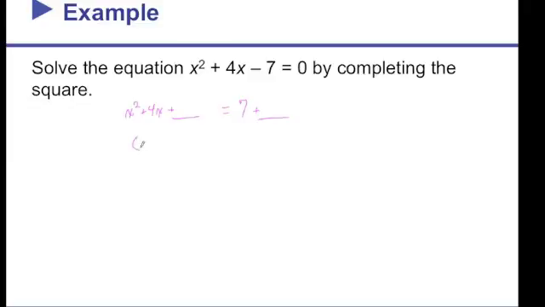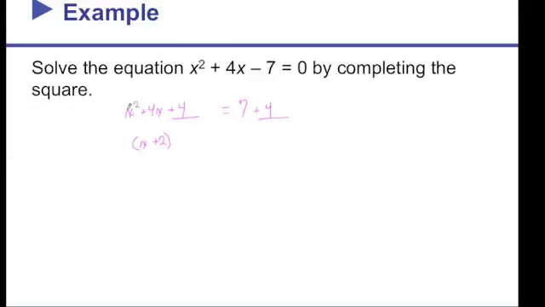In getting ready to factor that, we take half of the coefficient of x. So half of 4 is 2, and that's a positive. So this is a positive 2. I square that to get 4, and I add that 4 to both sides. Now this is a perfect square trinomial.